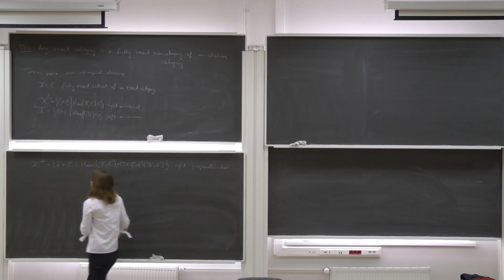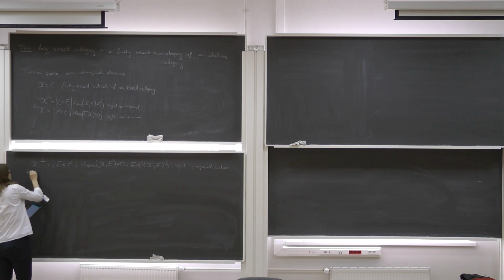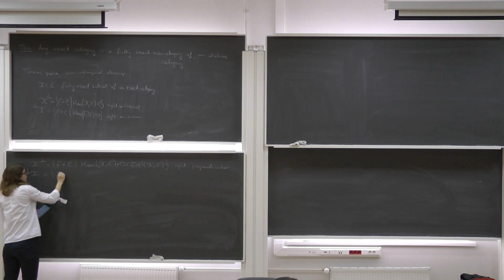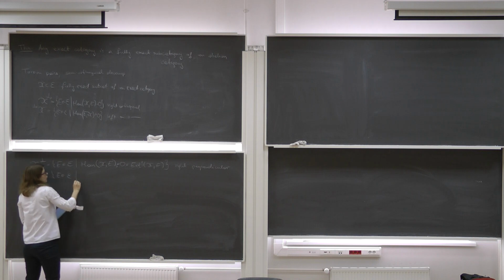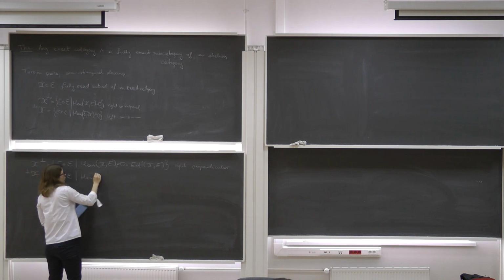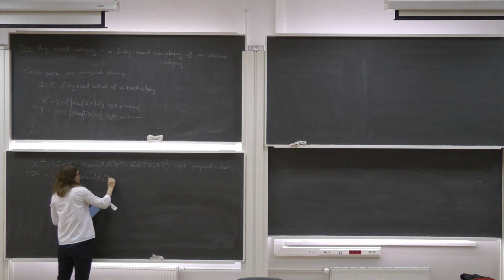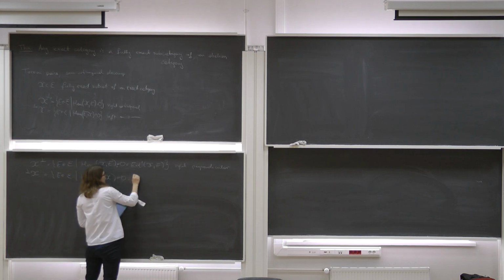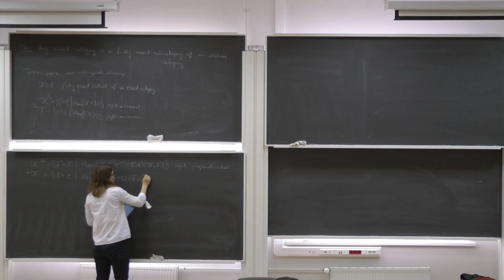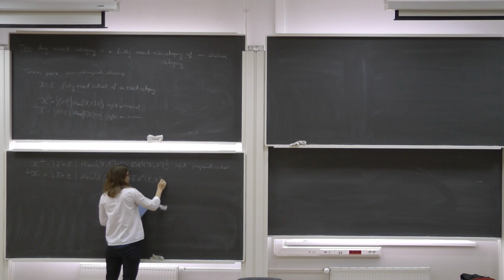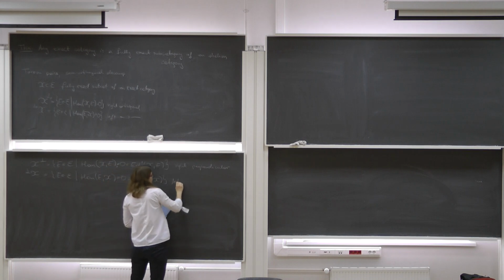Or dually, I can put the perpendicular on the other side. So I have no Homs from E to X, and no Ext^1 from E to X. So this will be the left perpendicular.